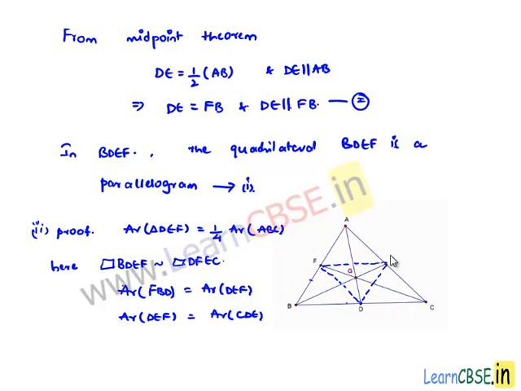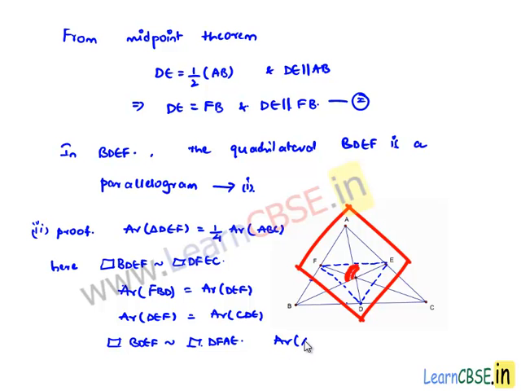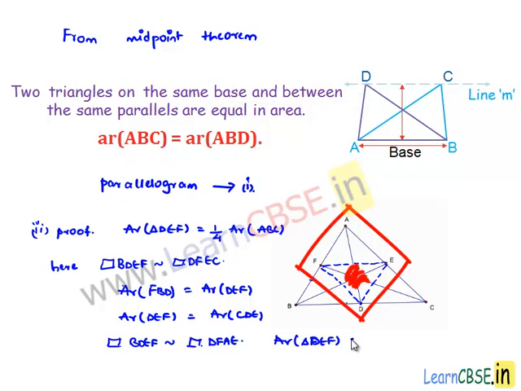And if we consider the parallelogram BDEF, it is similar to parallelogram DFAE. Therefore we can say that the area of triangle FED or DEF is equal to the area of triangle AFE.